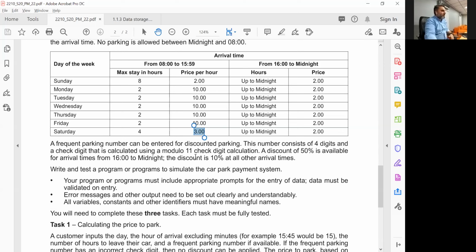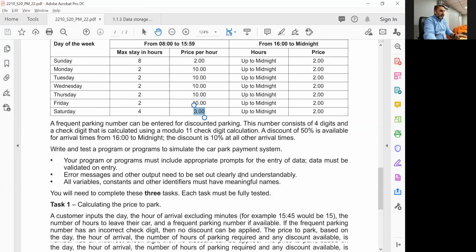If someone has arrived before 1600 and parked their car until after 1600, then for the hours they spent before 1600, they should be charged as per the price per hour over here, but afterward they should be charged a flat rate.